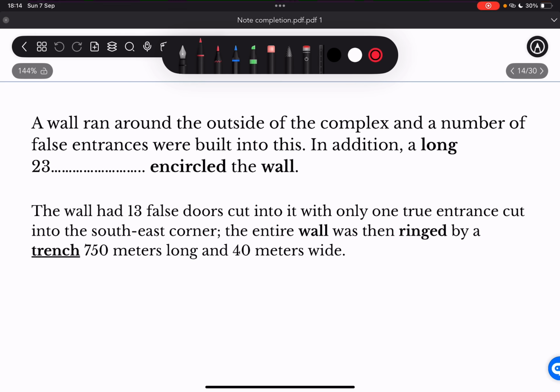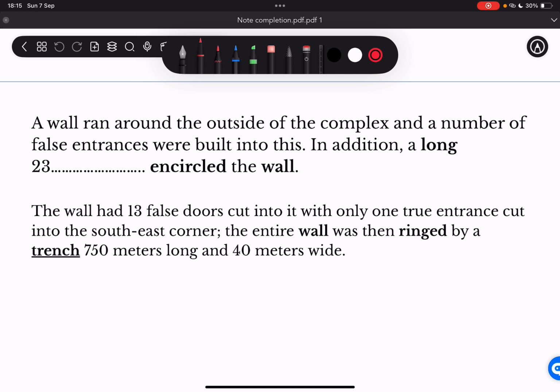So next, a wall ran around the outside of the complex and a number of false entrances were built into this. In addition, a long encircled the wall. Okay, keywords: long encircled wall. So the word encircled, we actually find a word which is similar to circle, which is ring. So ringed, encircled, and the wall.